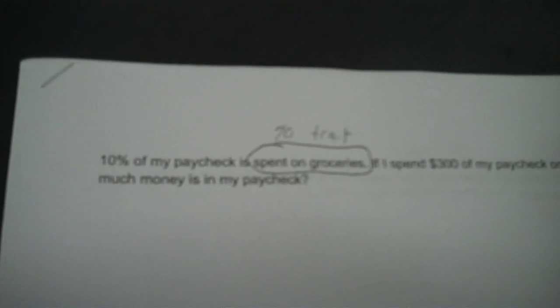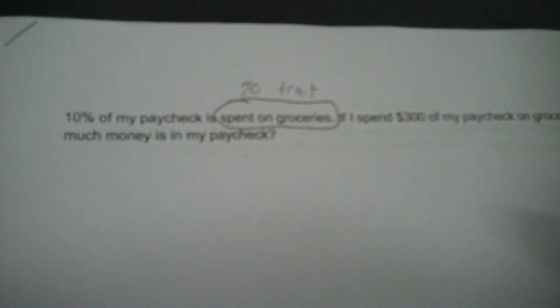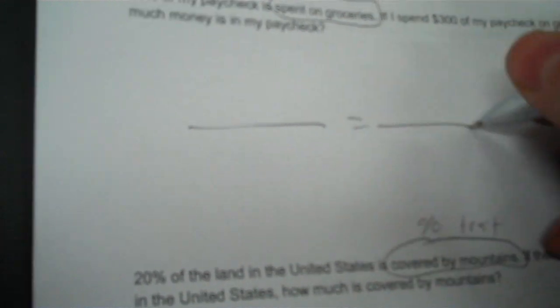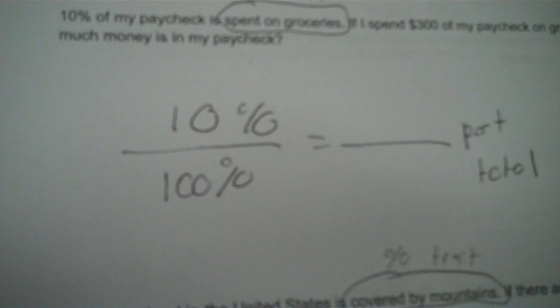Okay, now you're going to apply what you just learned to some real-life scenarios here. It says 10% of my paycheck is spent on groceries. If I spend $300 of my paycheck on groceries, how much money is in my paycheck? So you're going to formulate what you just did. You're going to put 100%, and your percent's always given to you in the problem, 10%. And you're going to go part, total, but that of thing ain't going to work.